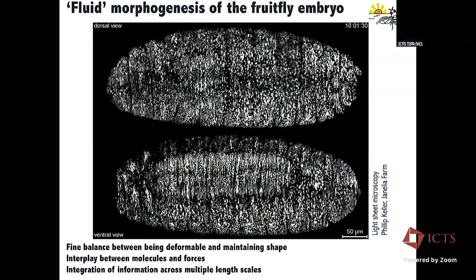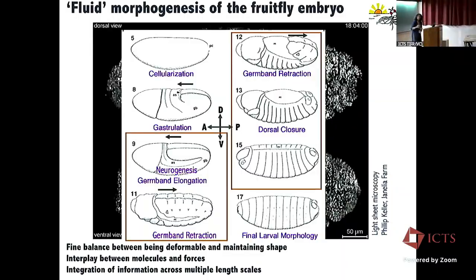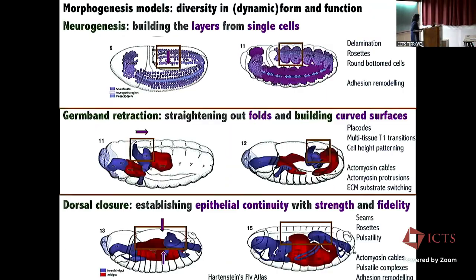And so we really use the embryo as our test bed and focus on different types of morphogenetic movements, just because they give us a handle on the diversity in the ways in which you can generate what I'd call dynamic form, because to build these structures, you need cells to be dynamic.